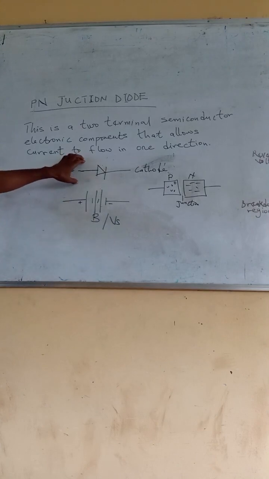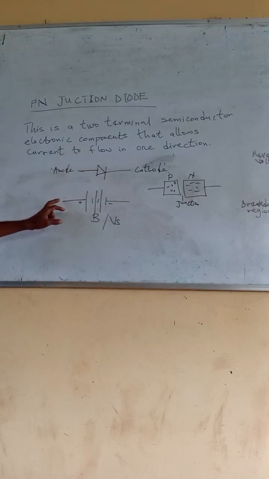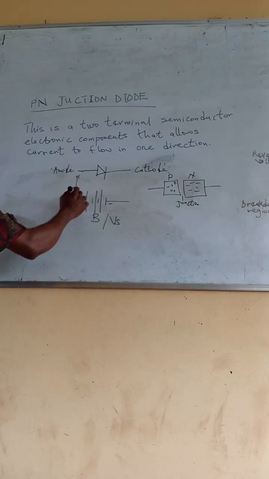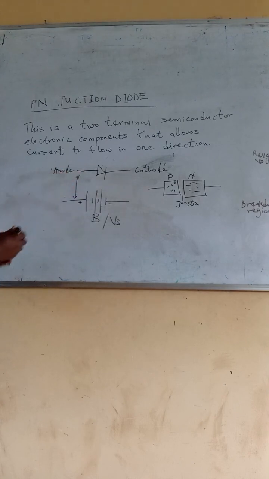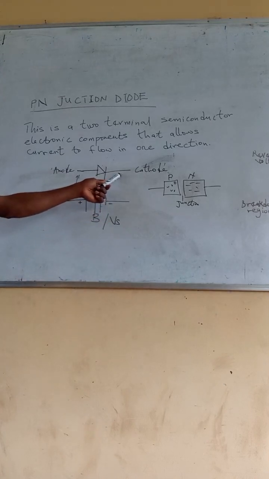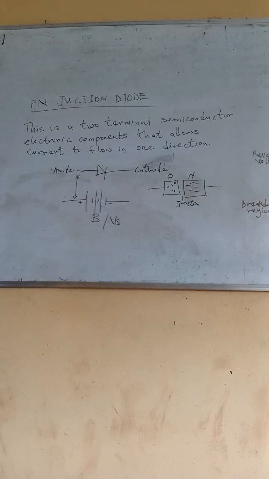To power this diode, we connect the positive terminal of the battery to the positive terminal of the diode, which is the anode. Then we connect the negative terminal of the battery to the negative terminal of the diode, which is the cathode. That's forward bias.